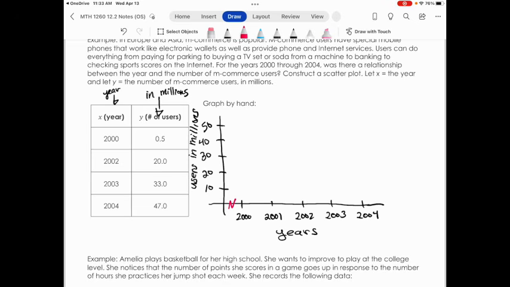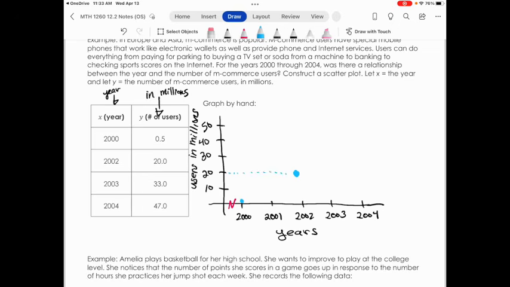So let's see. For the first point, I have the year 2000 and I have 0.5. So at 2000, I'm going to be really, really low down here. At 2002, we have 20 on the y-axis. So I come over to 2002.